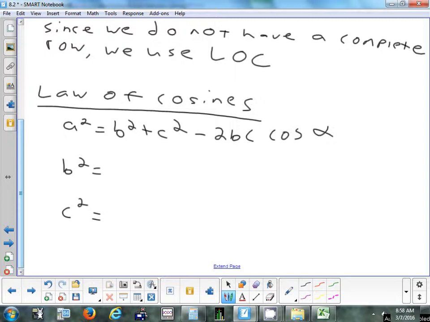All right, let's see if we can get the second version of the law of cosines. Following the same pattern, it's just the two letters here are going to switch. Brendan? a squared plus c squared minus 2ac cos beta. Yeah, cosine beta. So the pattern is one side squared equals the sum of the other two squared, minus twice the product of the other two, times the cosine of the angle that's across from the side you start with.